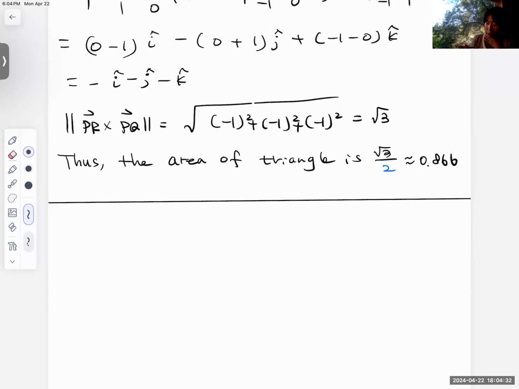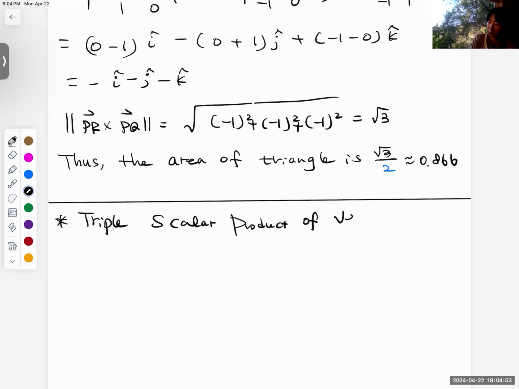Okay, so I was erasing the example because we want to do the triple scalar product first. So this number is confirmed. The triple scalar product of vectors u, v, w is u dot product with the cross product of v and w, equal to this one.